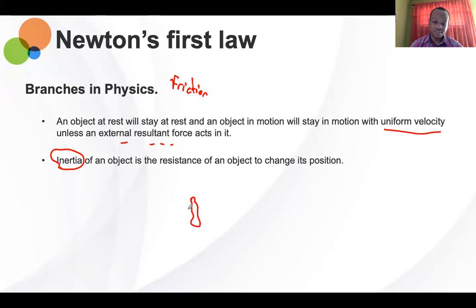If we apply a force, say F, to that bottle, and the force is not bigger than the inertia, it will not move. So the F has to be bigger than the inertia for the bottle to move. All right, very good so far.